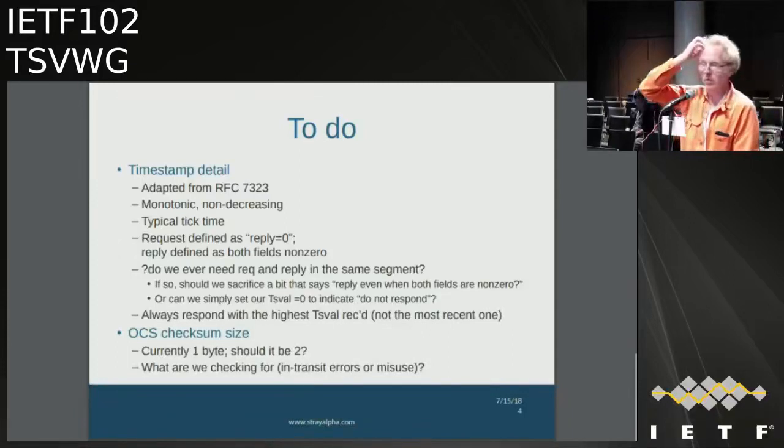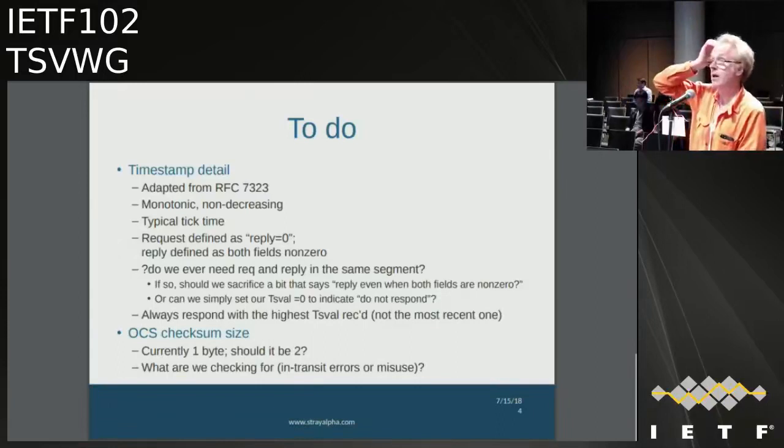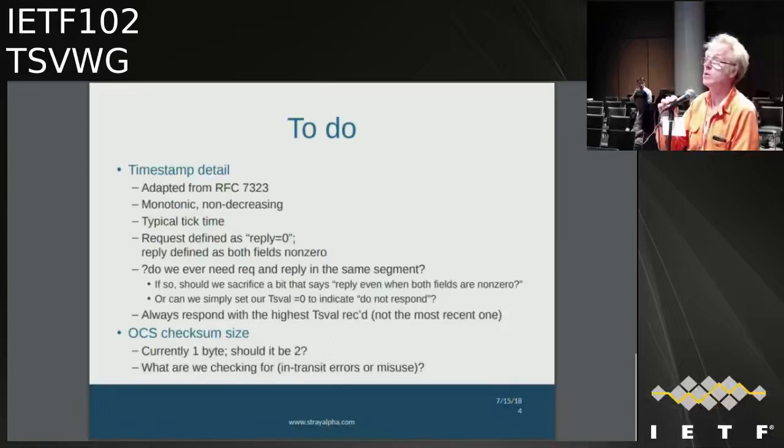We want a request-response way of doing this, and that's kind of what we're using in QUIC. Do we need a timestamp identifier in there, if we were going to use the timestamp as the identifier? No, we don't want to use the timestamp as an identifier. We would like to use another identifier, like we're going to use in QUIC.